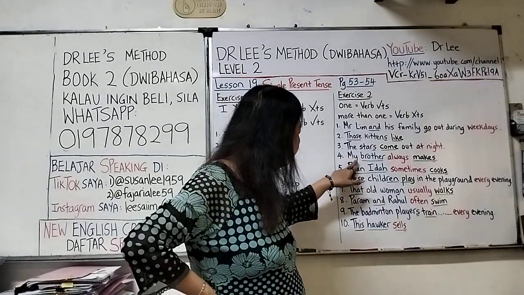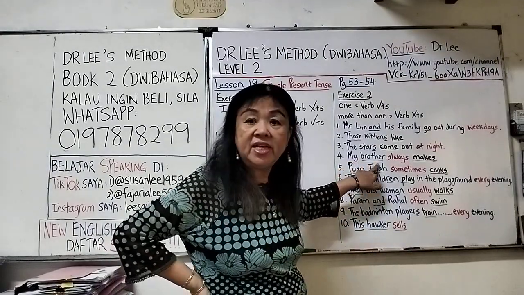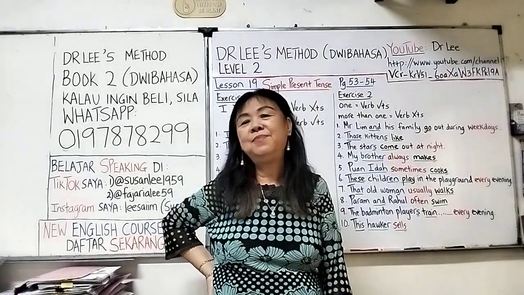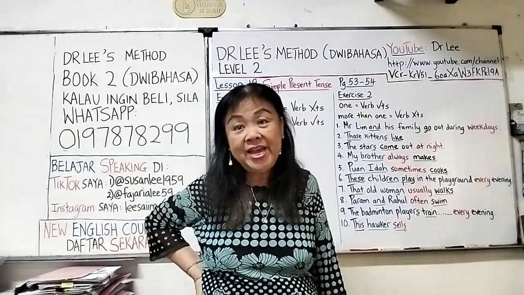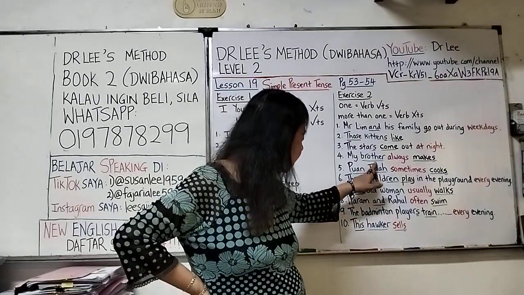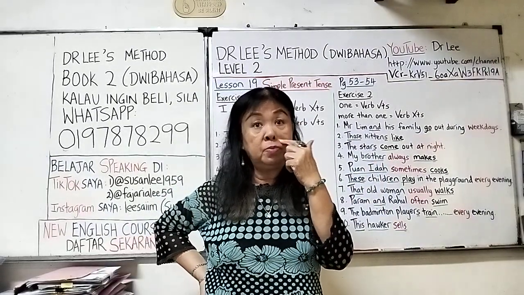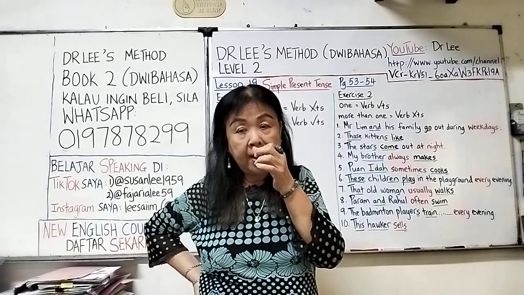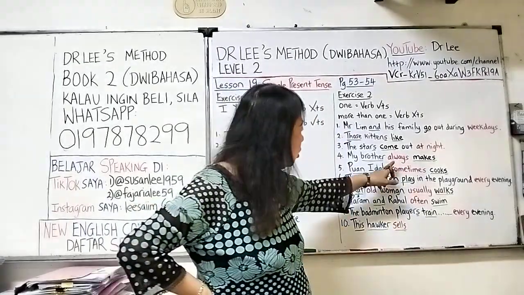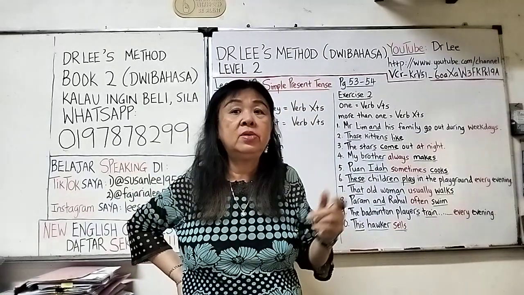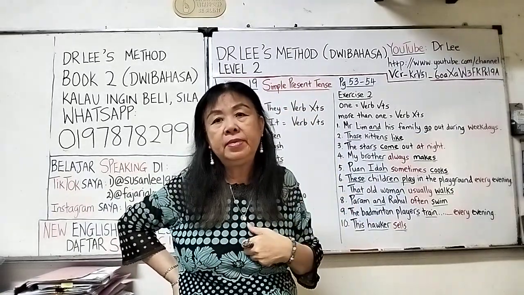Example, my brothers always make, M-A-K-E, cannot put S. Why? Because I'm talking about brothers, more than 1. Always does not tell me that my answer should put S or not put S. No, it doesn't. Because always tells us that it is used in the simple present tense, that's all. It happens all the time.